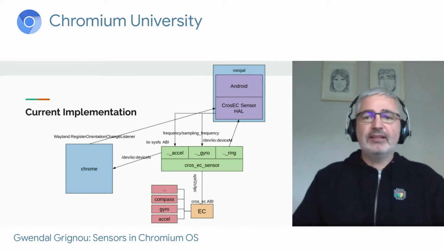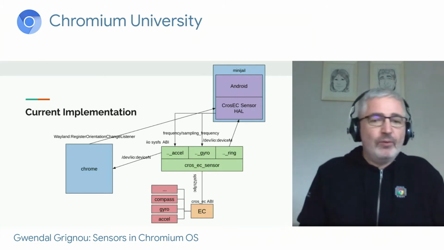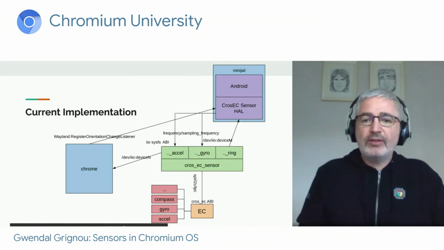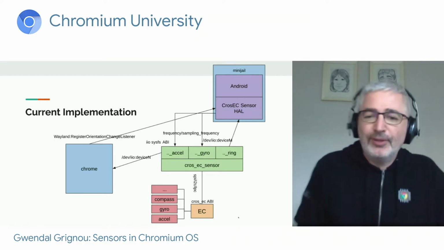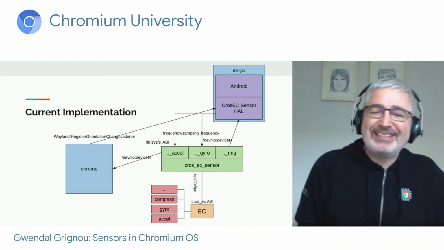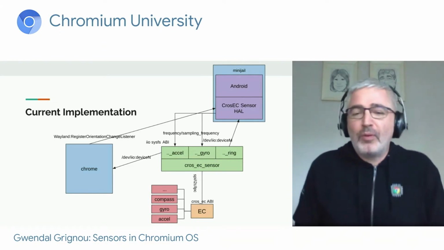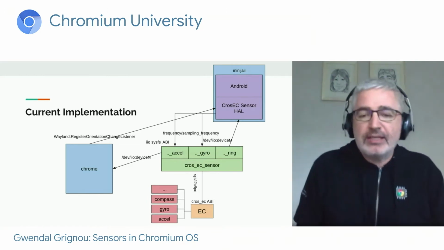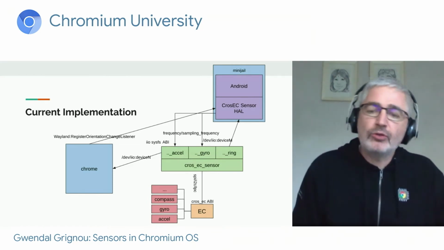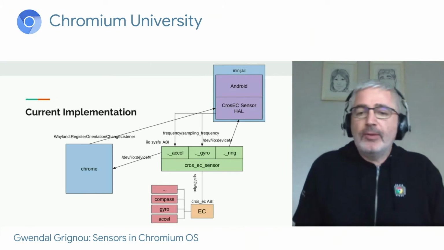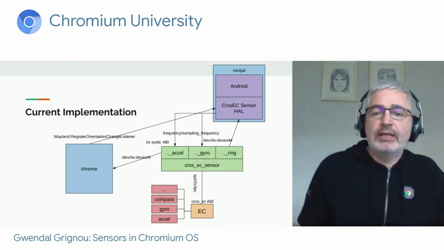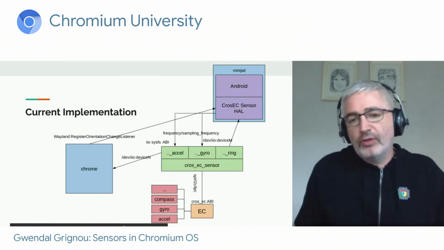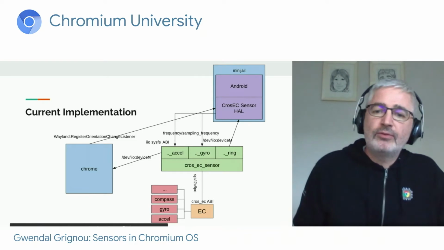What happens on this device is the accelerometer is on, the EC is on, and when the accelerometer indicates there is a double tap, it lights up the light bar with the power level. That's why we connect the accelerometer to the EC, so that the EC in the low power domain is doing the work of collecting information. Then when the AP is on, the EC will send the information to the kernel.